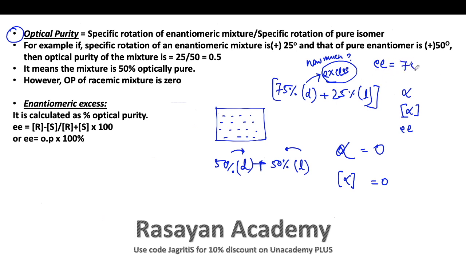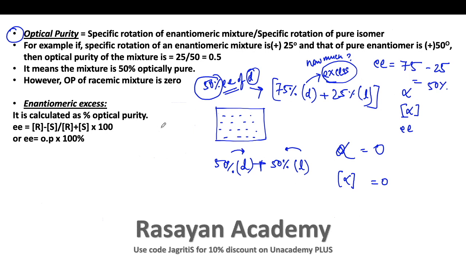So we will just do 75% of D minus 25%. We will say 50% enantiomeric excess. All right, so this combination gives you 50% enantiomeric excess of the dextrorotatory isomer. So it doesn't mean that you have 50% of the D isomer over here. No, it means it is excess.